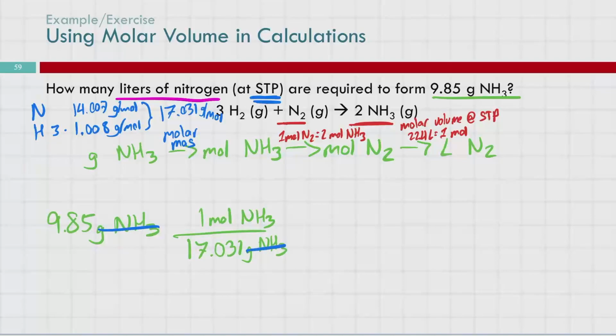Grams NH3 cancel. We can do 1 mole N2 over 2 moles ammonia NH3. Moles NH3 cancel.